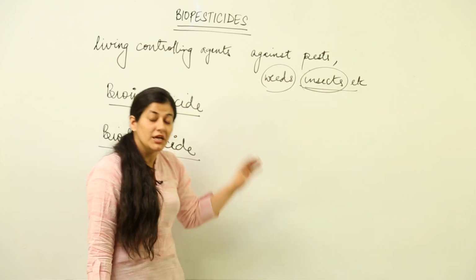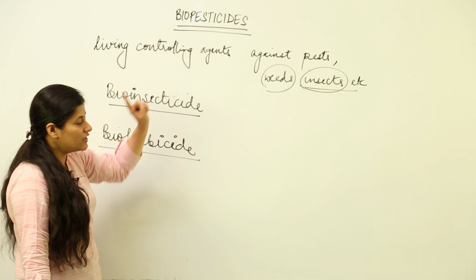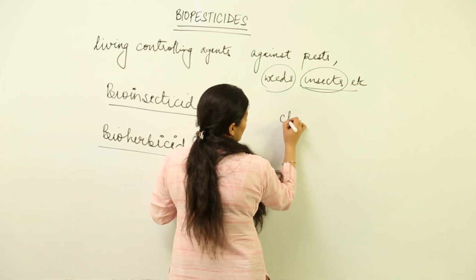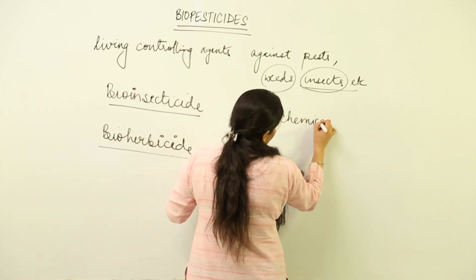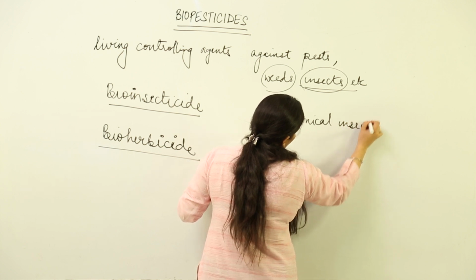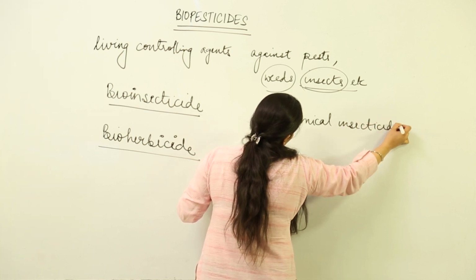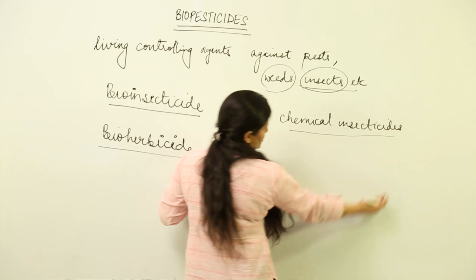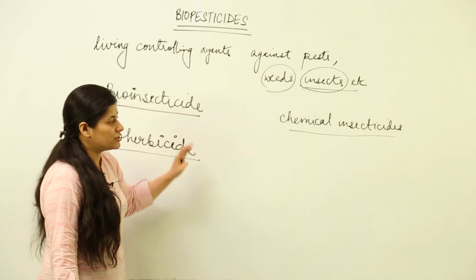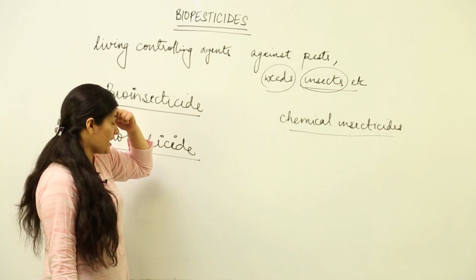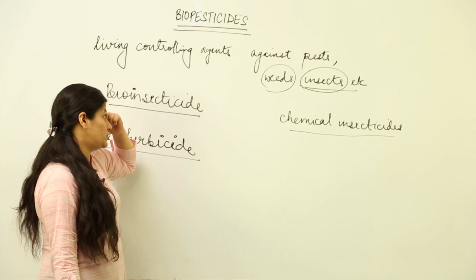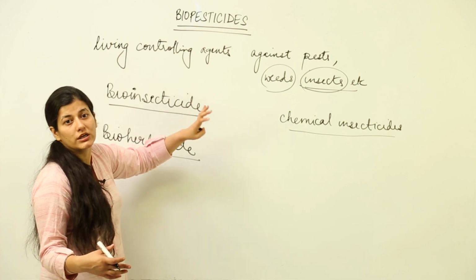inside a field. Now, why do we have biopesticides? The reason is that chemical insecticides that have been in use for a prolonged period take a large toll on the ecosystem.